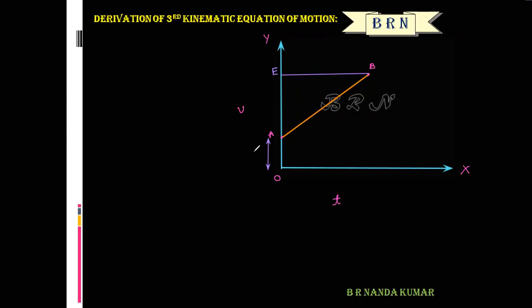So OA represents the initial velocity, that is v naught, and OE represents the final velocity of the particle.